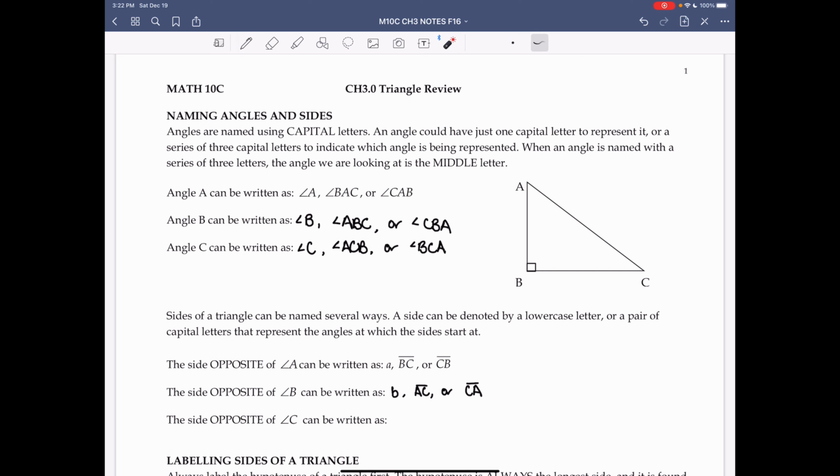And the side opposite from angle C, which would be here, can be called little c, or the 2 angles at either end of that are A and B, so we can call it line segment AB or line segment BA.